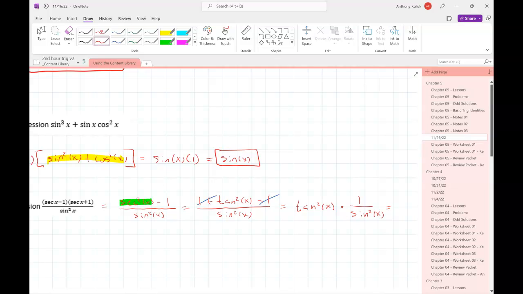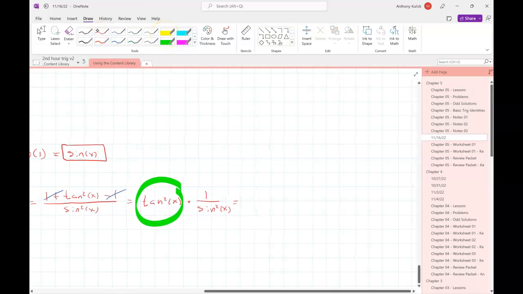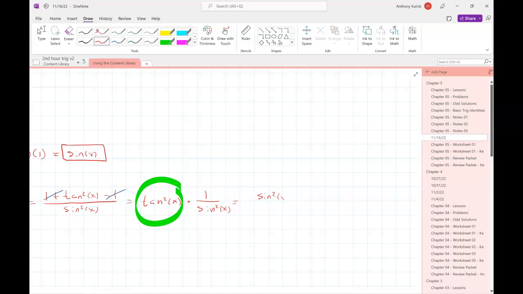That seems like you're making it worse. Well, what is tan squared? Tangent is sine over cosine, so tan squared is sine squared over cosine squared.